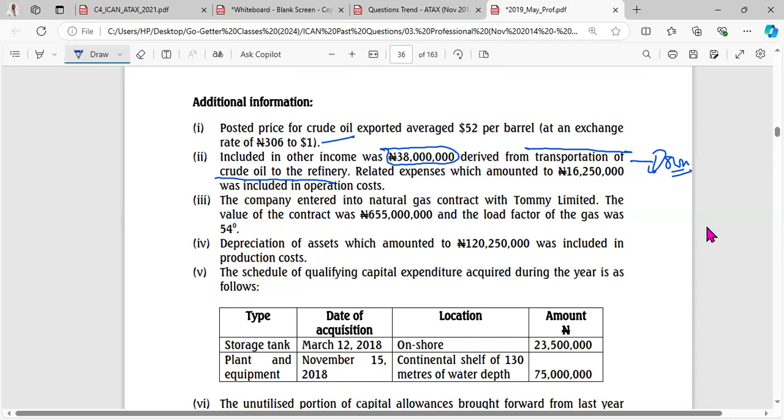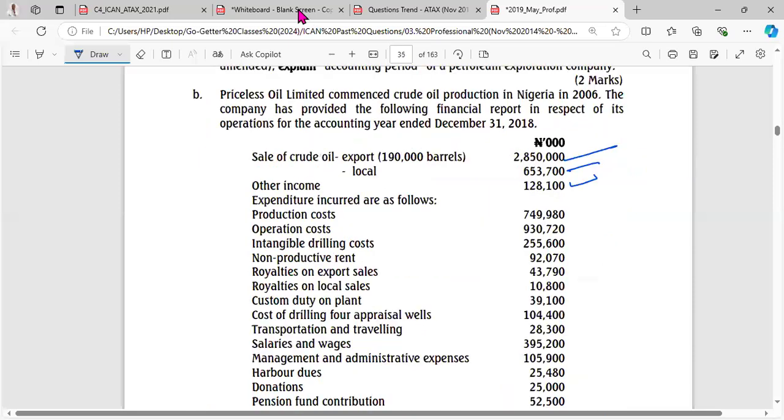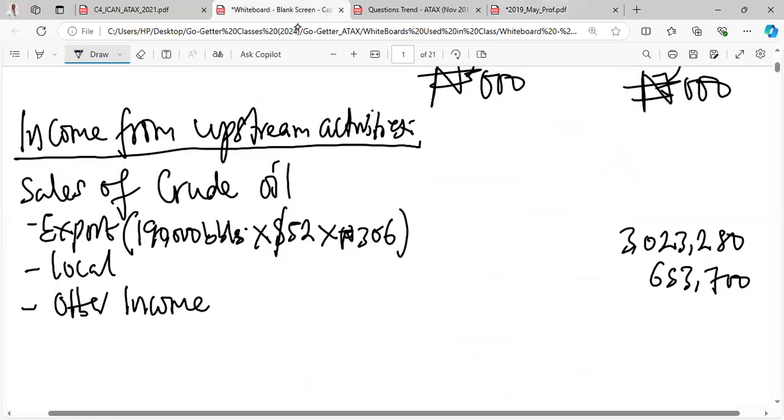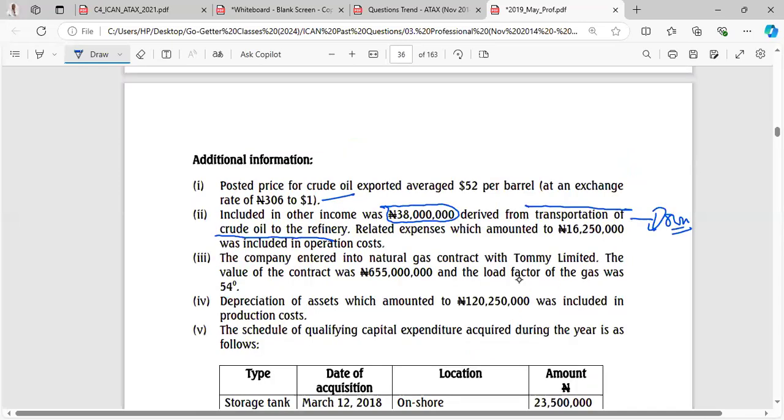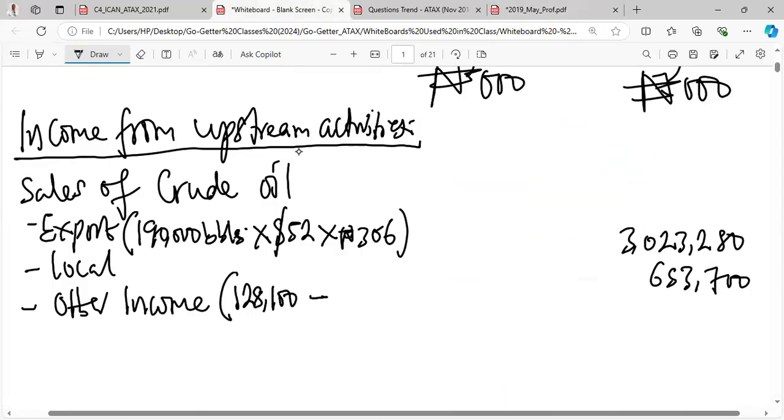So let's look at what we have here. 128,100. So open a bracket here. 128,100 minus, taking this one now, 38,000. Minus 38,000. Okay, then let's calculate.